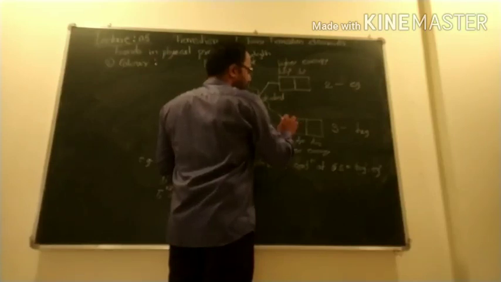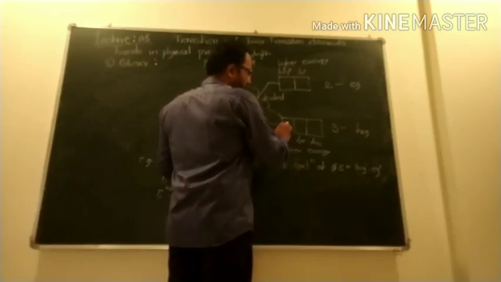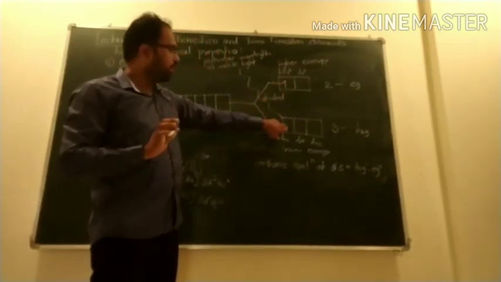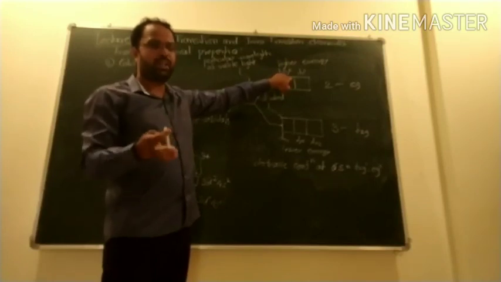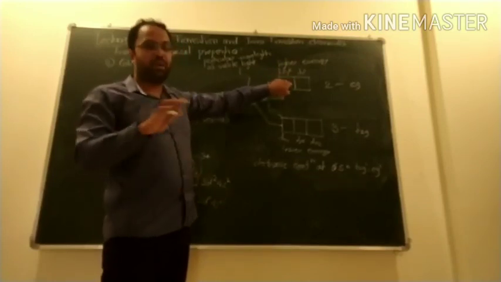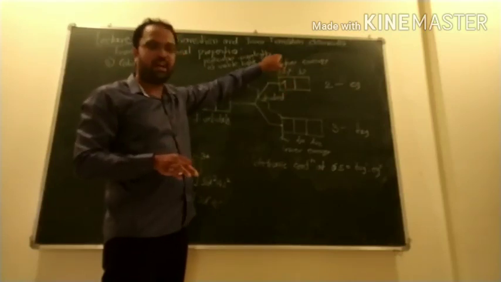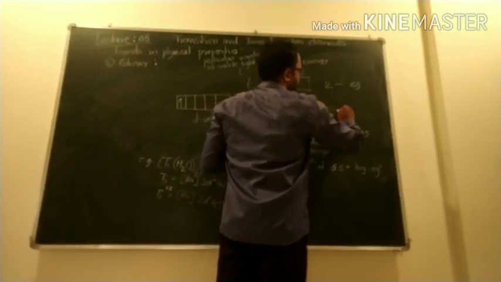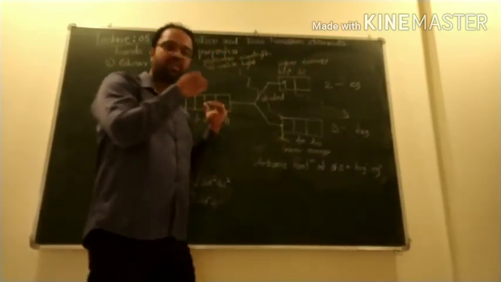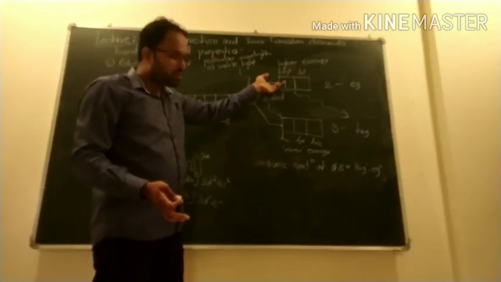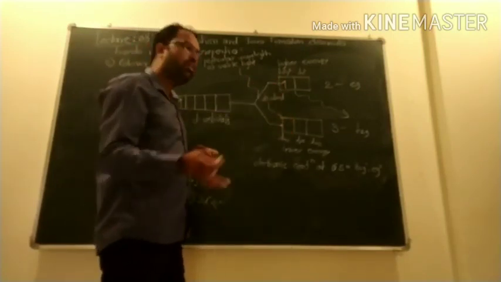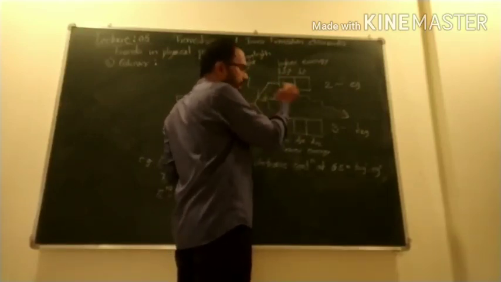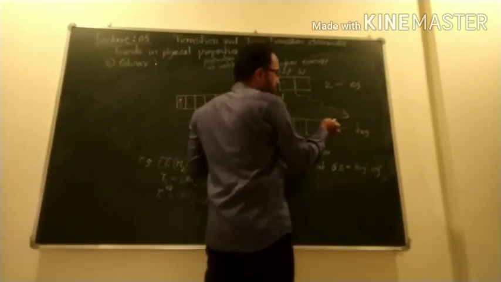After that, this electron is excited from lower energy to higher energy. But after some time, this electron is not permanently stable in that higher energy level. So it loses its energy to get back to the original position.